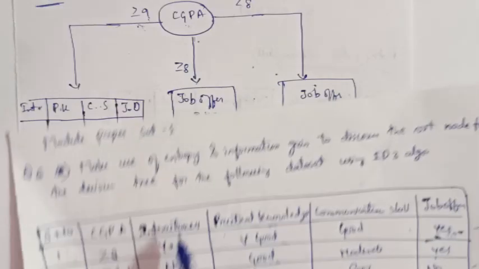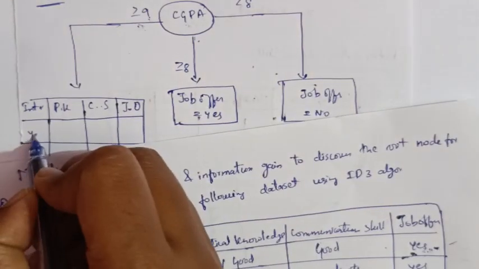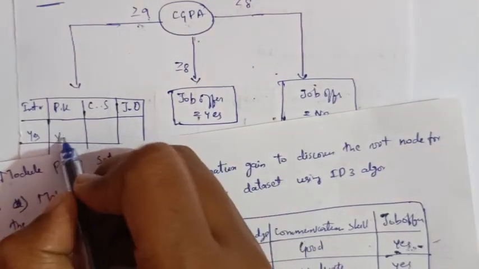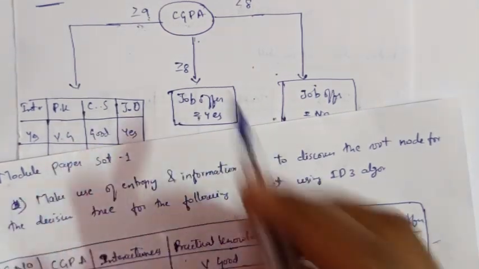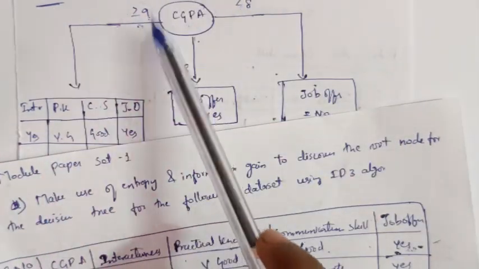For this attribute we have interactive as S, practical knowledge very good, communication skill good, and this is S. We have to take only these attributes.